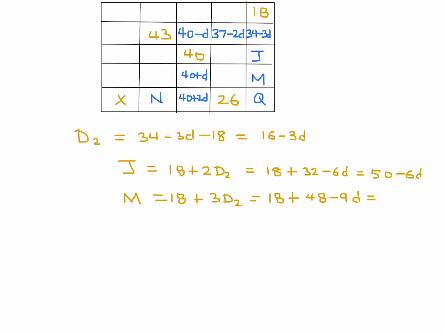So that's going to be 66 minus 9D. And then Q is equal to 18 plus 4D2. So that's 18 plus 64 minus 12D. So that's going to be 82 minus 12D.